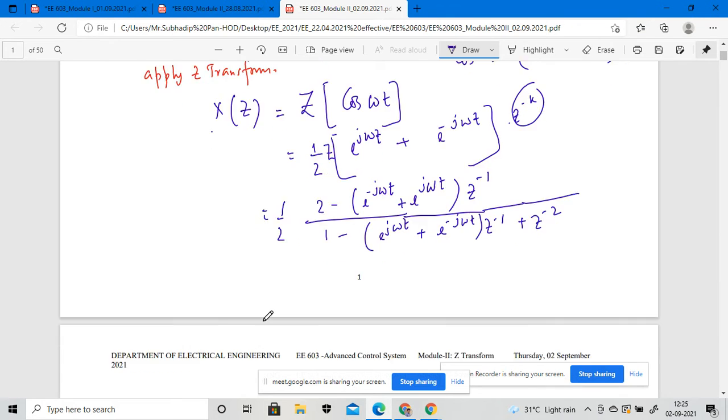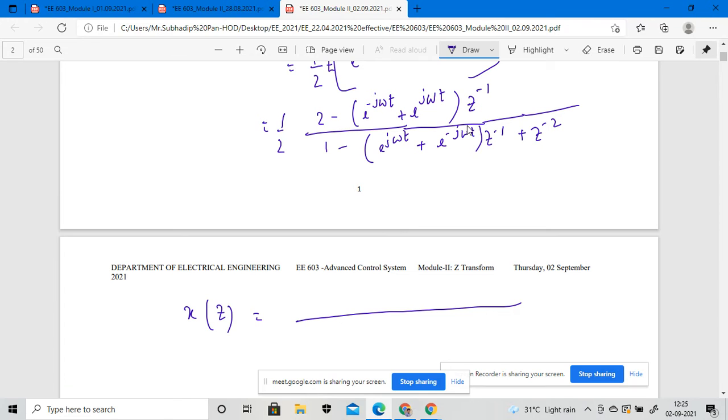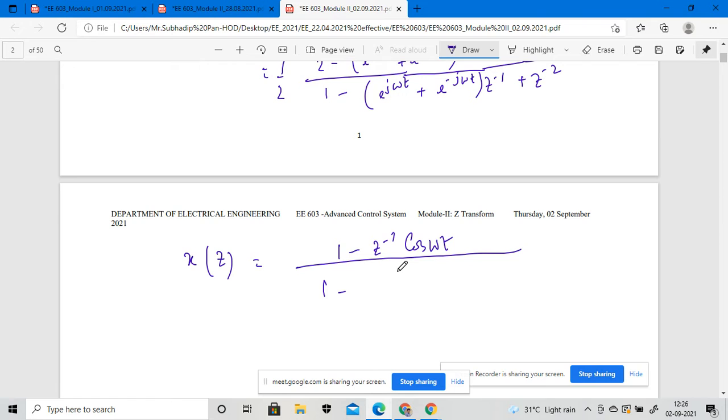Okay. So again, if we have to simplify this equation, my X of z will come as 1 minus z inverse cos omega t, divided by 1 minus 2 z inverse cos omega t plus z to the power minus 2.